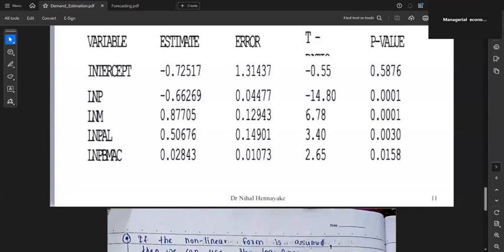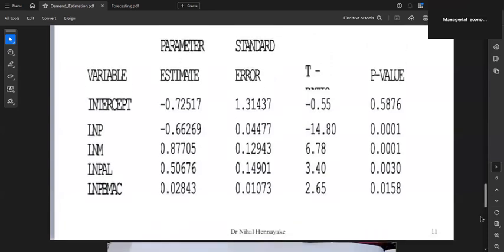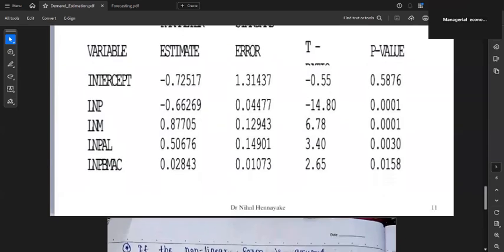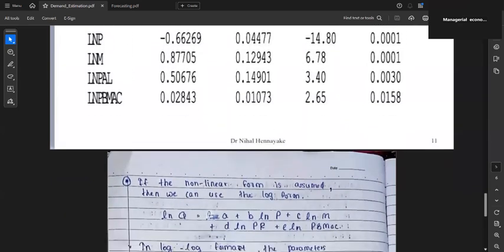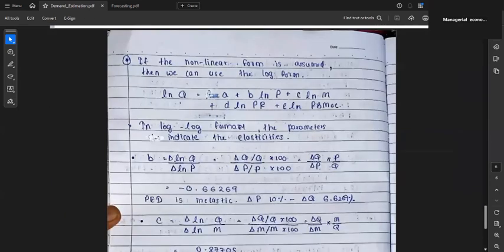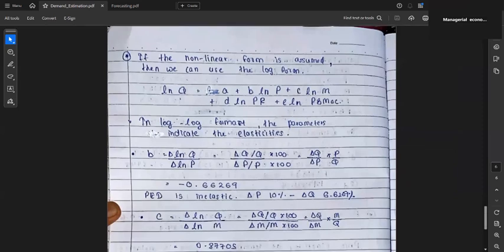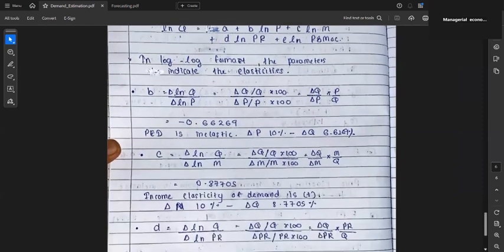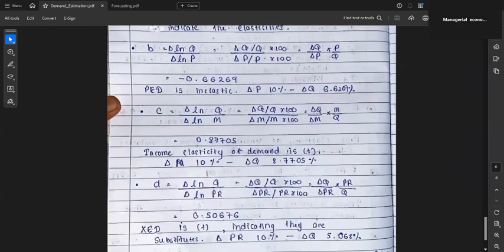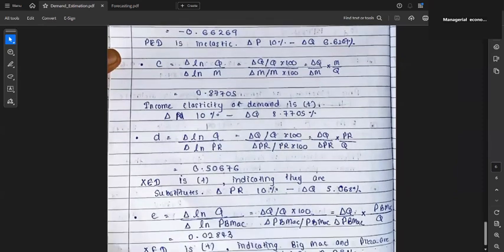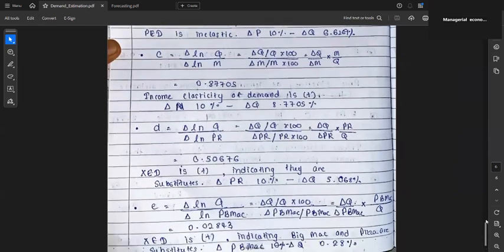It is the price elasticity. We have already calculated the price elasticity, cross elasticities, and income elasticities. These values are similar.